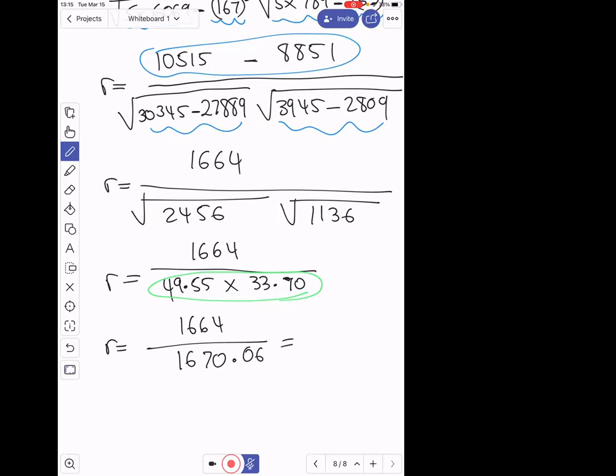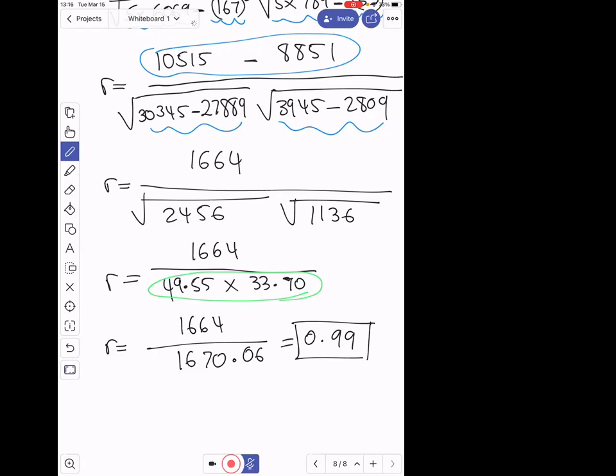Right. So now the final thing is to divide 1,664 by the 1,670, which is almost 1, right? This is almost 1. So this is actually equal to 0.916. Yeah, so it's 0.99. It's almost 1. Okay.